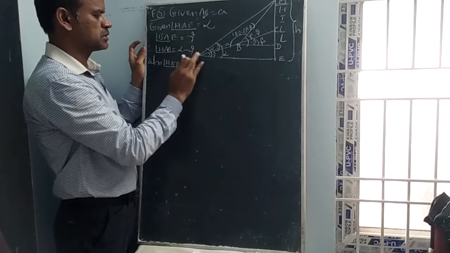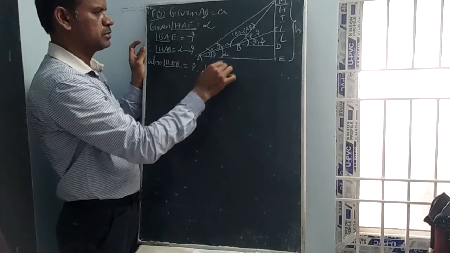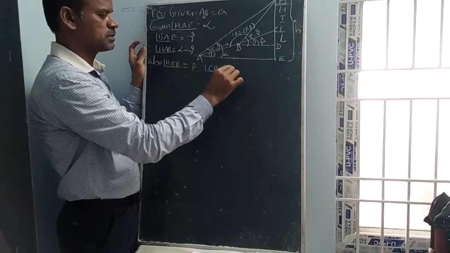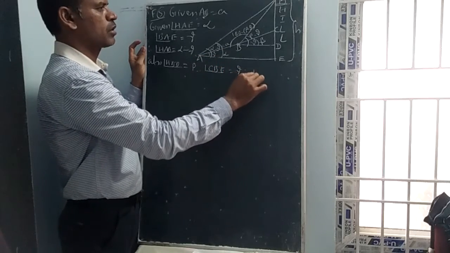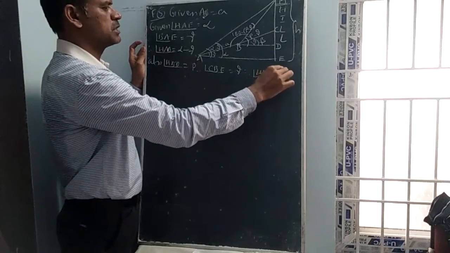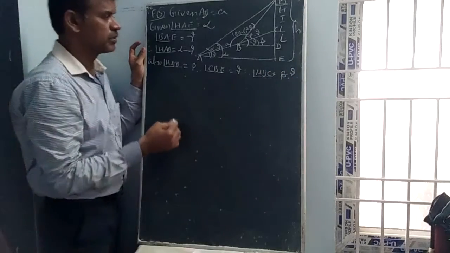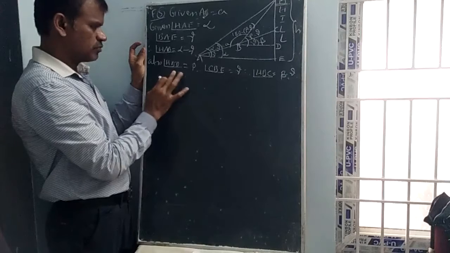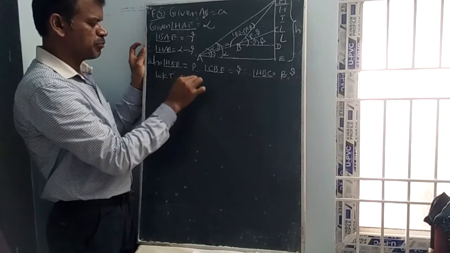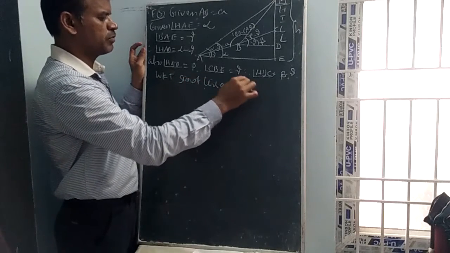And angle CBE is equal to gamma. Therefore, angle HBC is equal to total beta minus this gamma, beta minus gamma. Now we know that the sum of a linear pair is equal to 180 degrees.